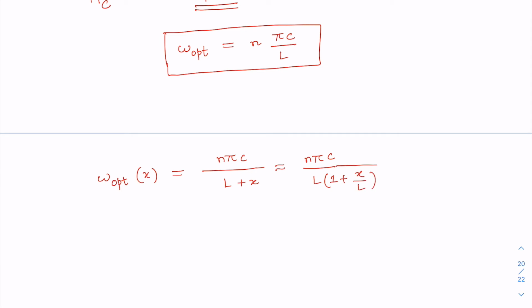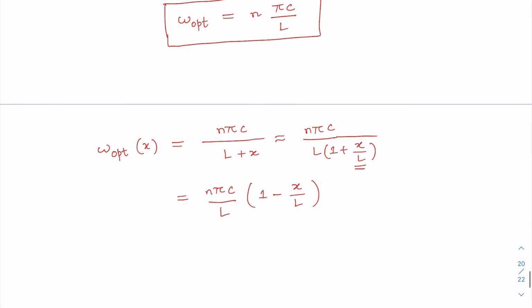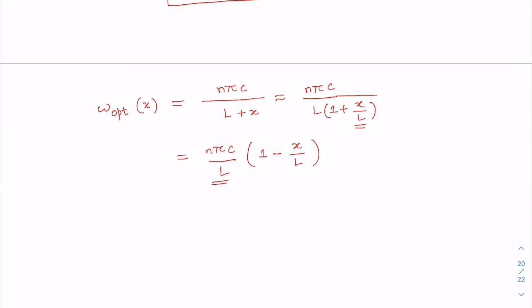Okay, now this quantity is very small compared to 1, so therefore I can write it as n pi c by l. I can expand it as 1 minus x by l, and this quantity is nothing but the omega optical with the fixed length, and the whole thing I can write as 1 minus x by l.